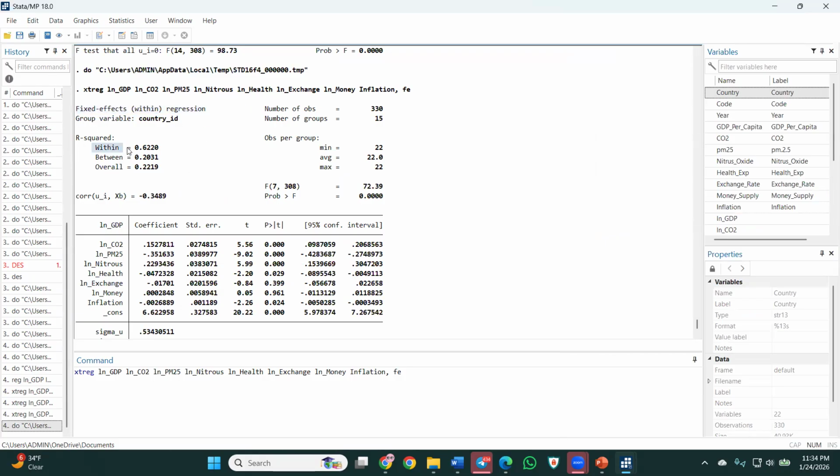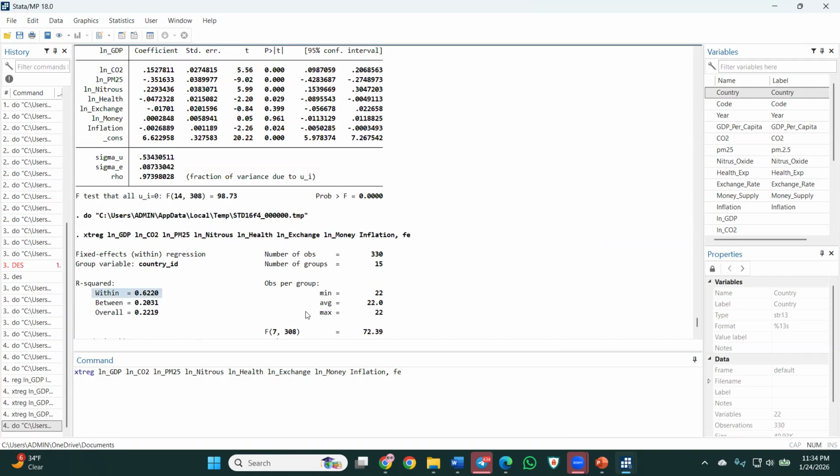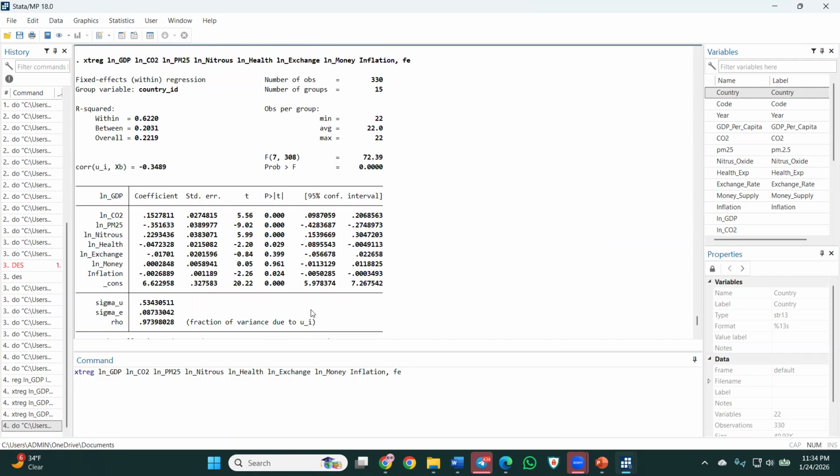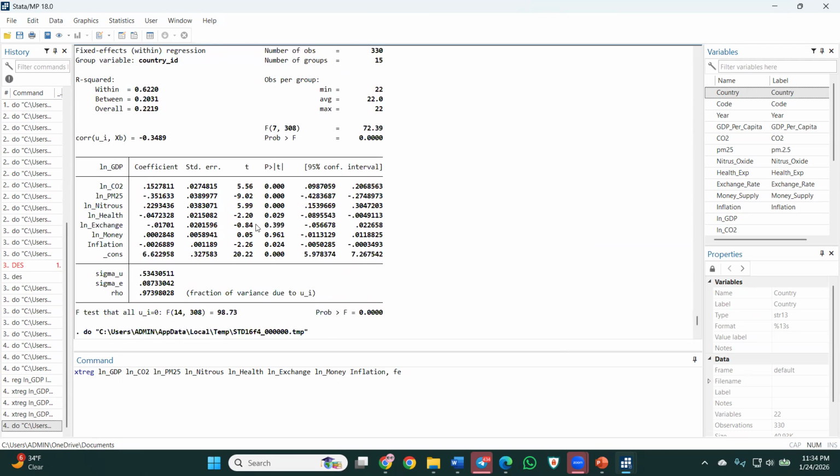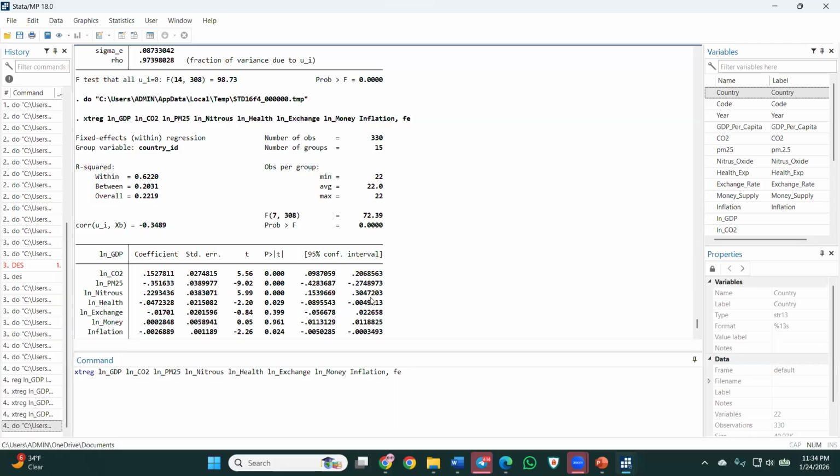We have an R square of 62%, which is also okay. You can see that these three are highly significant. The same thing here, we're having this one highly significant.